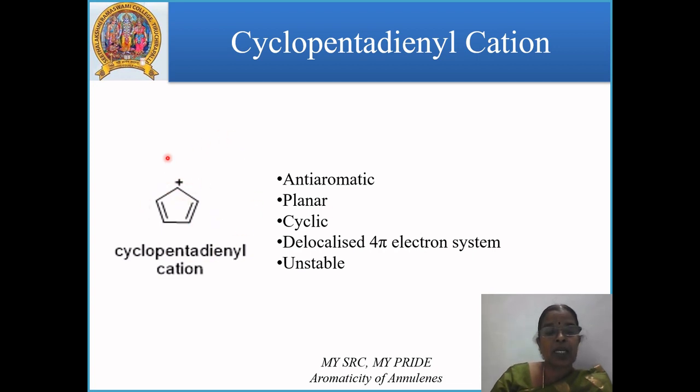So delocalization of pi electrons, shifting of pi bonds and shifting of the positive charge lead to delocalization of pi electrons. So it is anti-aromatic. A planar cyclic delocalized 4n pi electron system, it is unstable.